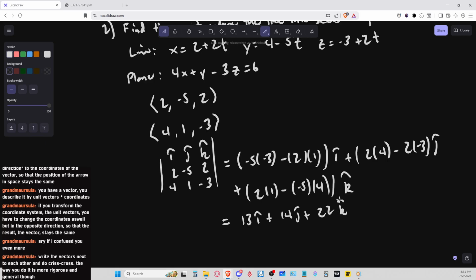Okay, so that's the vector we're dealing with here. Oh yeah, so we have to find the point of intersection. Yeah, find where the line intersects the plane. Okay, so we got that.